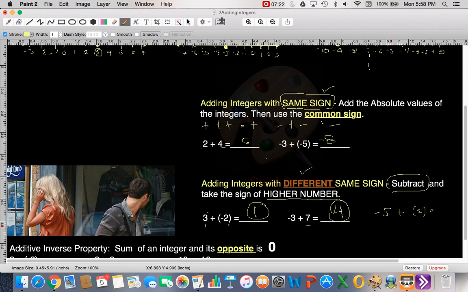So what's the answer here? Definitely you're going to subtract because you have a negative number and a positive number. You subtract 2 from 5, which is 3, and the higher number here is negative 5. So the answer is negative 3.